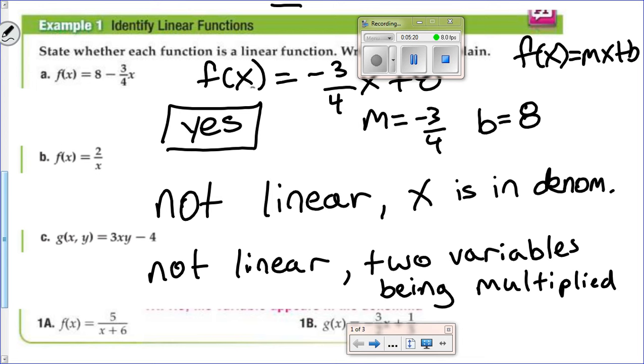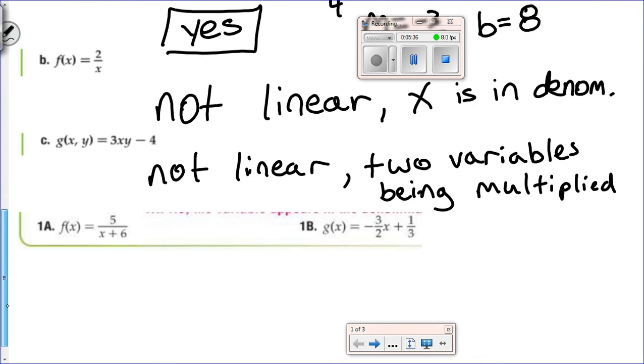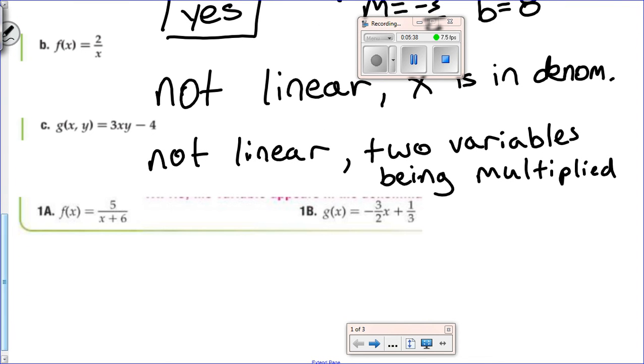Alright, so I'll allow you time to go ahead, pause the video, check out 1A and 1B. Go ahead and pause and do both of those on your own. I'm going to scroll so that you're able to see 1B there. Alright, so you should have paused, and after you paused, you should have realized that 1A is not linear.